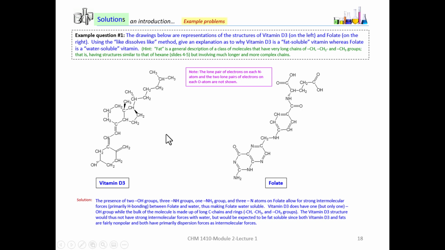So therefore, vitamin D3 does not have strong intermolecular interaction with water, and it does have a lot in common with fats. Fats would contain long carbon chains like those found in most of vitamin D3. So vitamin D3 is fat soluble, folate is water soluble.